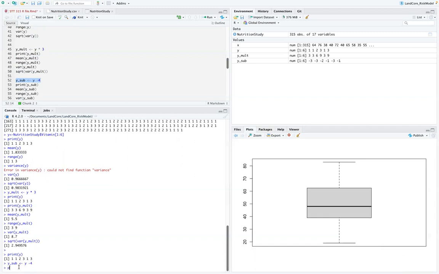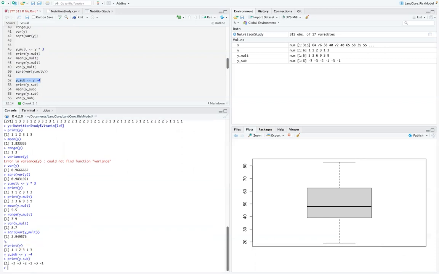And so if I print y sub, I basically subtracted 4. So 1 minus 4 is -3, 2 minus 4 is -2, 3 minus 4 is -1. So this is our new data we're working with.